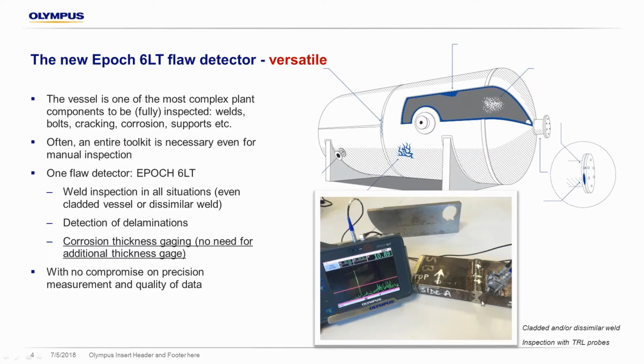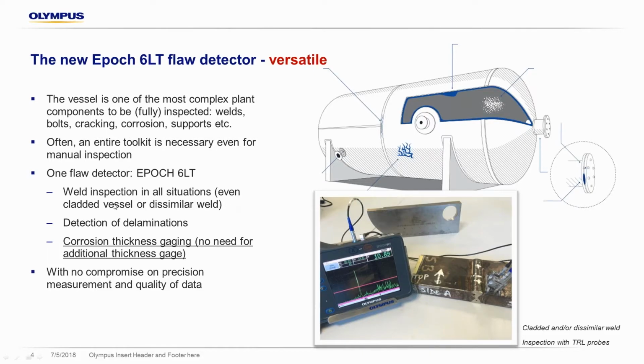How much can we do out of this with the Epoch 6LT flaw detector? Instead of using a full kit with a flaw detector, a thickness gauge, plus the probes and all the rest of the material, only one instrument, very light and portable, could be used.